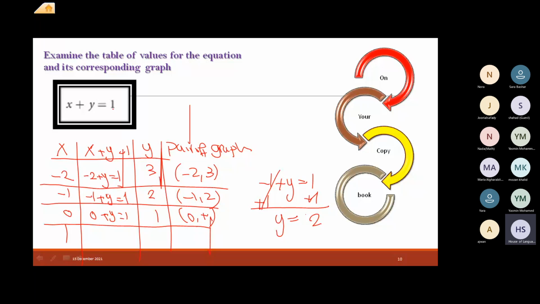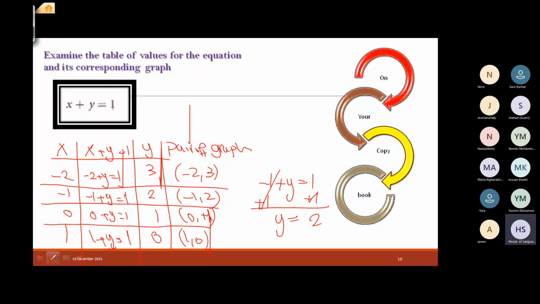The last one: 1 plus y equals 1. So what's the value of y? 0. And the pair will be 1 and 0. These are the points that I chose. If you choose any other points, the graph must be the same, because it's for the same equation.